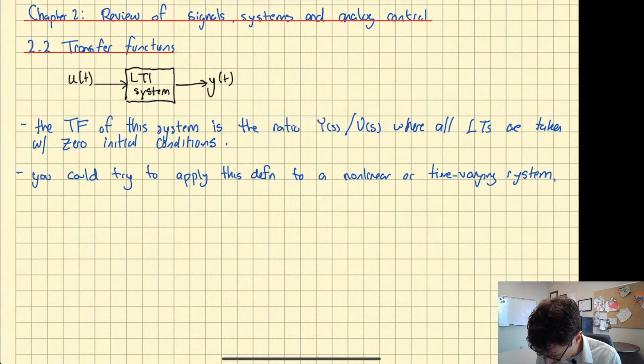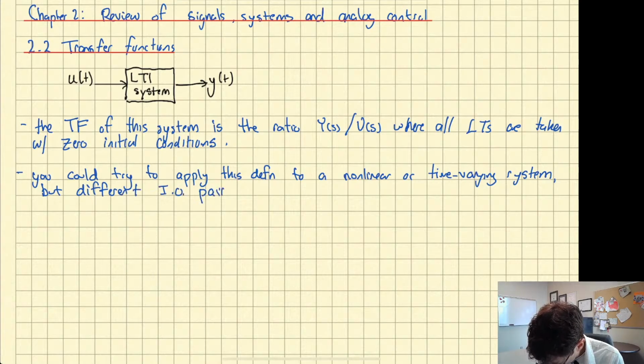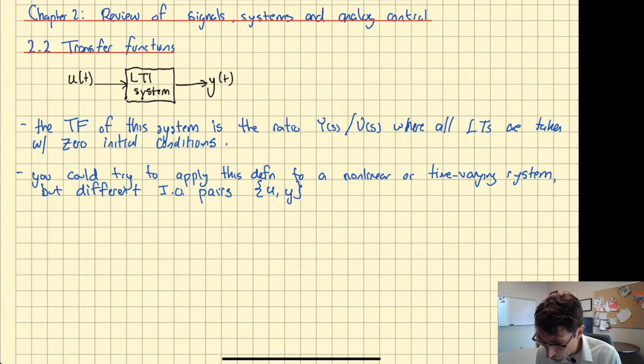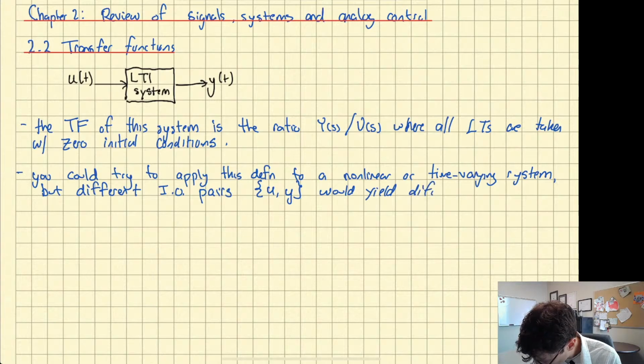But the problem would be that different I/O pairs, so the pair U, Y, would yield different ratios.